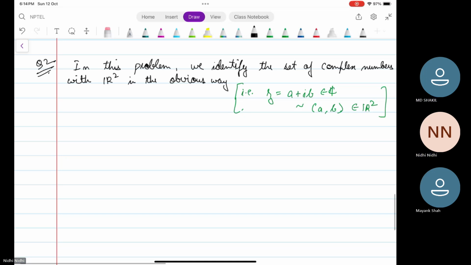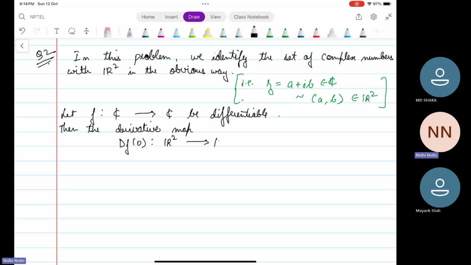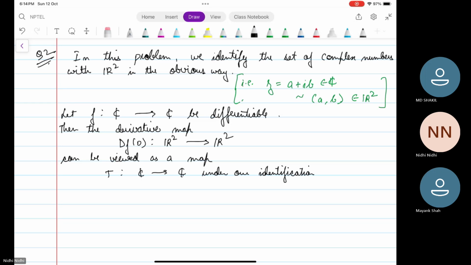Let f from C to C be differentiable. Then the derivative map, they are saying that we have a derivative map at 0, df0 from R2 to R2, and then it can be viewed as a map T from C to C under our identification of C with R2.